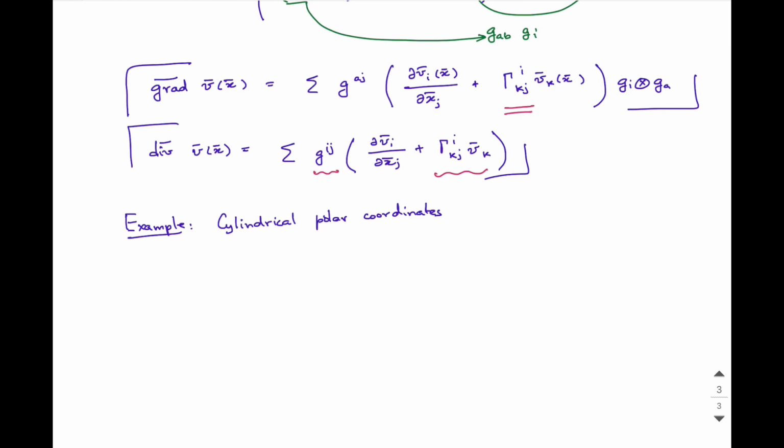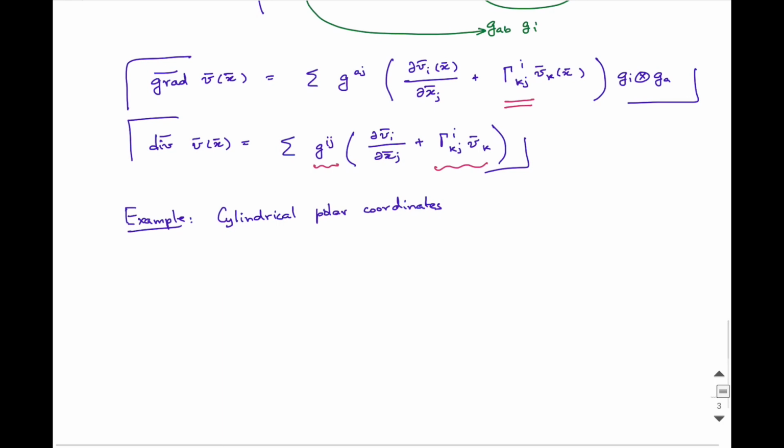How do I represent the gradient or divergence of a given vector field? The full calculations are quite cumbersome, so I'll just outline the key ideas, and then I'll leave it to you to work out all the details. It's really a straightforward exercise, but there is one important thing that needs to be understood here.